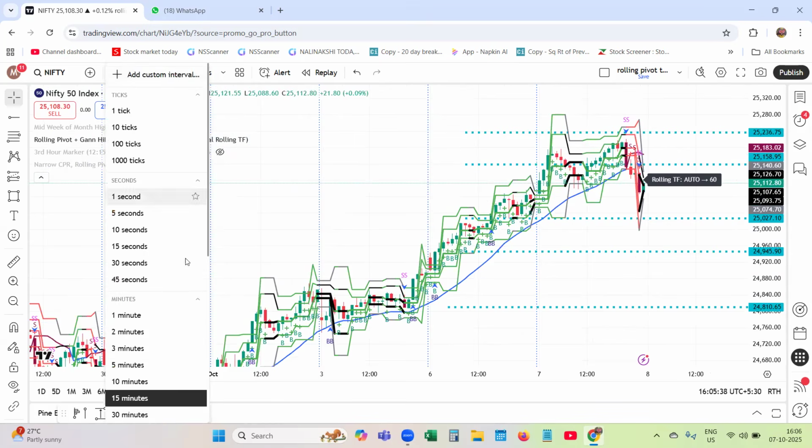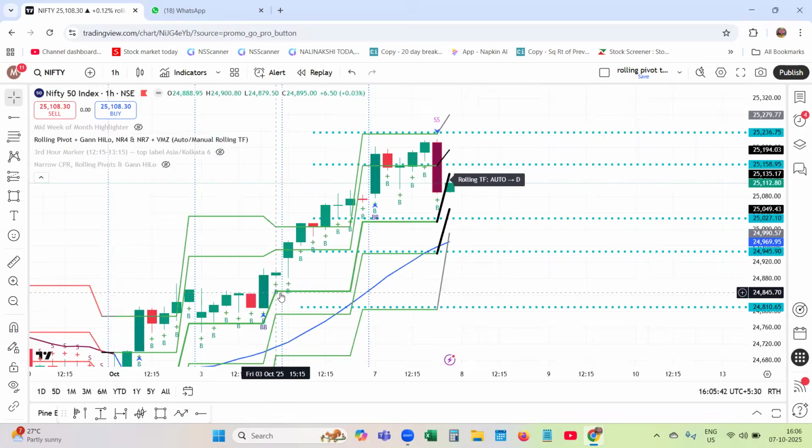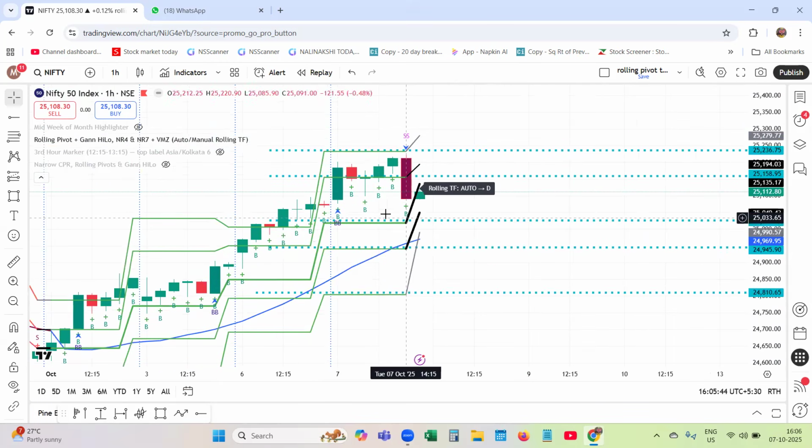So if I go back to the hourly time frame and check the price, this is the support. These are all in green because the pivots are above the Gann HiLo and the price is above the Gann HiLo and the pivot.